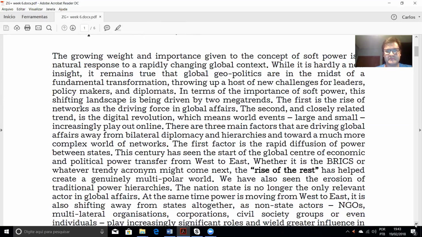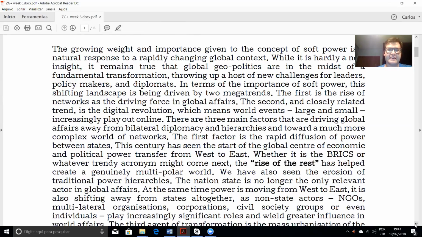Okay. So continuing on, this text talks about two global trends in the rapidly changing international global context. The two main megatrends that he points out, as most of you already know, are that global networks are increasing in importance, and that the digital revolution is changing the way information flows.